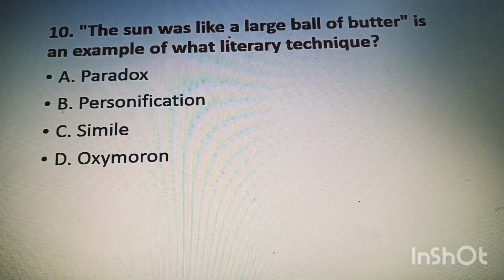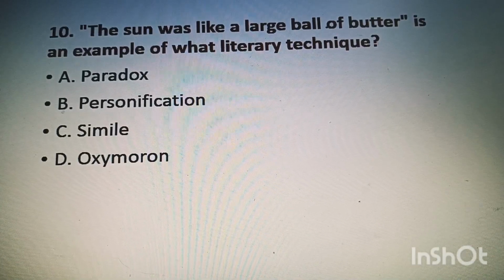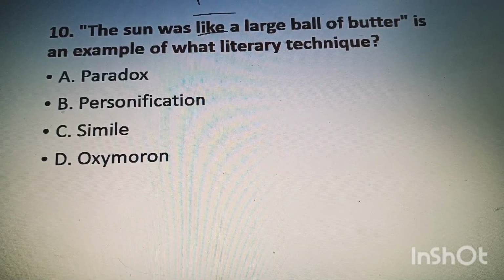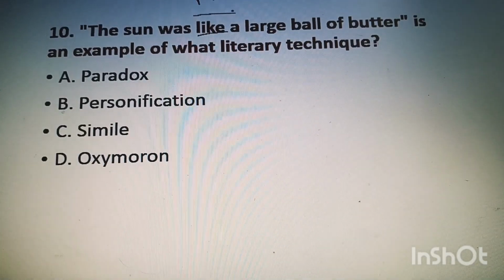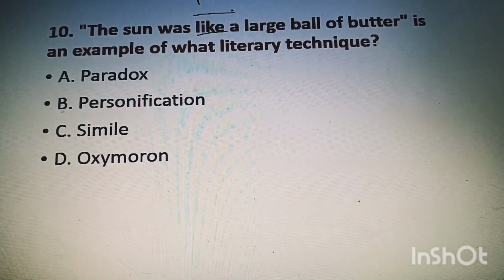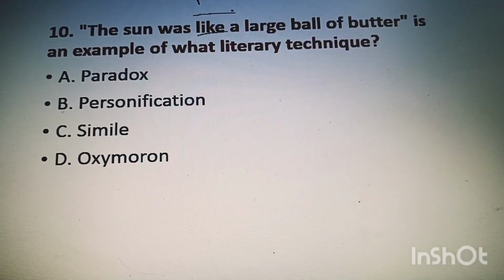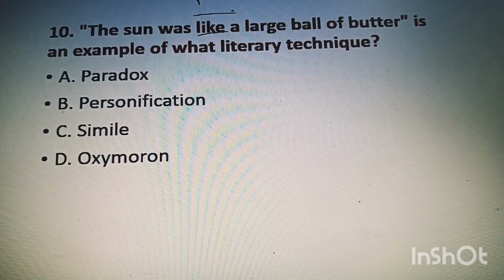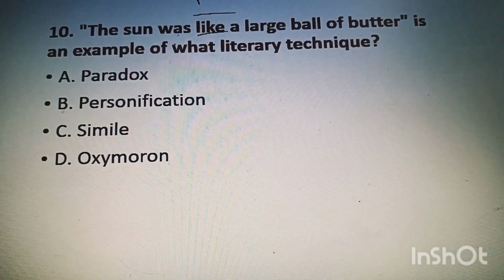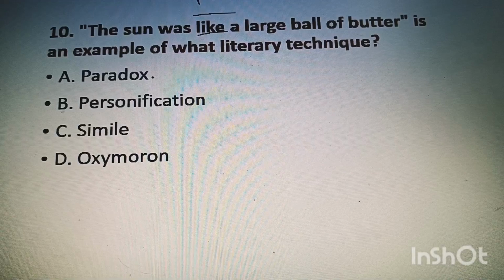The sun was like a large ball of butter. So see, like or as or so. The sun was like a large ball of butter is an example of what literary technique or device? So can you guess? Paradox, that is Virodhabhas.